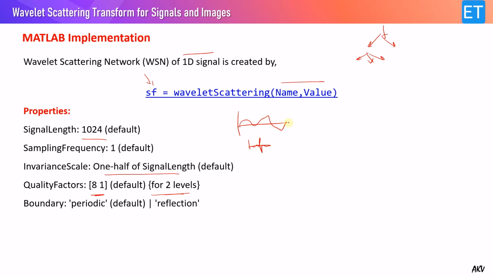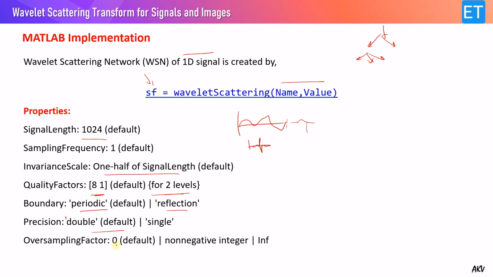At the boundary, it may be required to increase the length of the signal for the convolution. So you can extend the signal either by periodic extension or by reflection. Periodic is the default, and for precision of the computation, double is the default, and you can go for single precision also, which will save your memory.